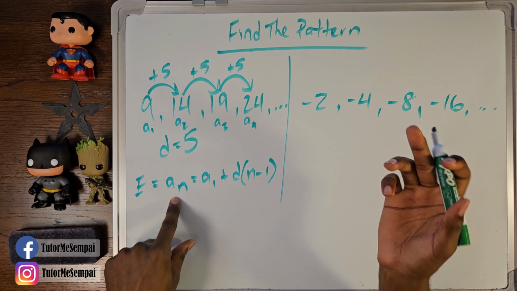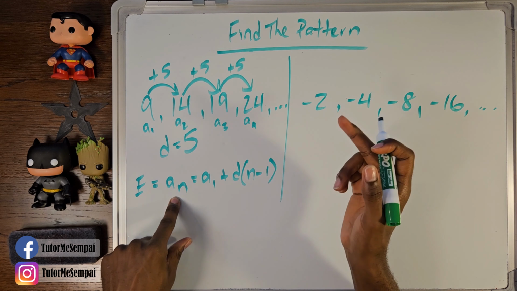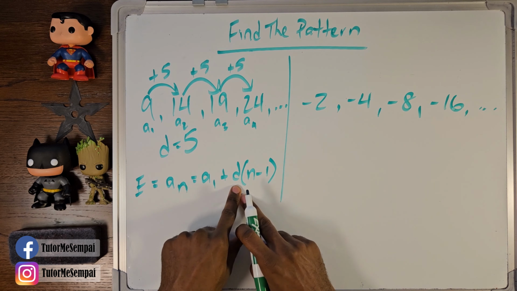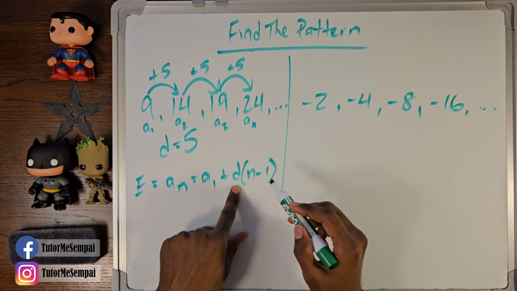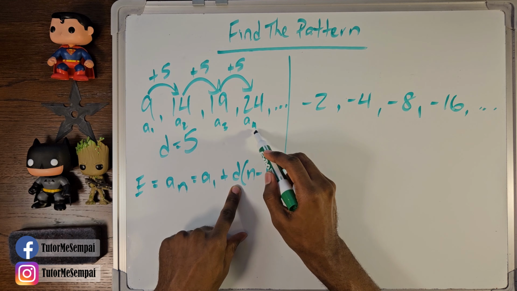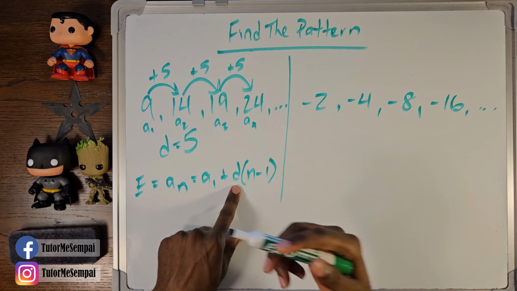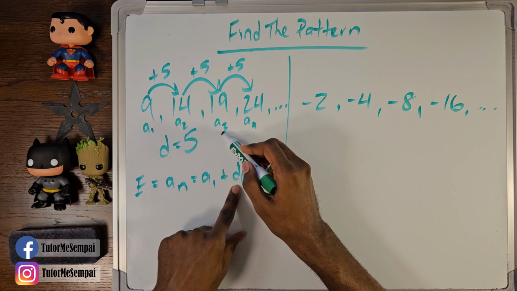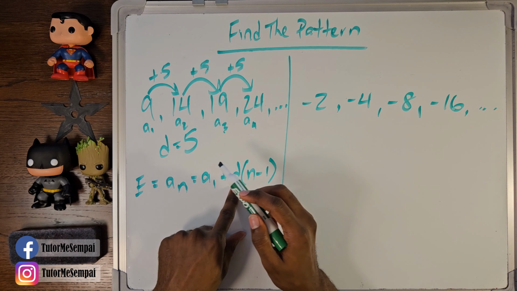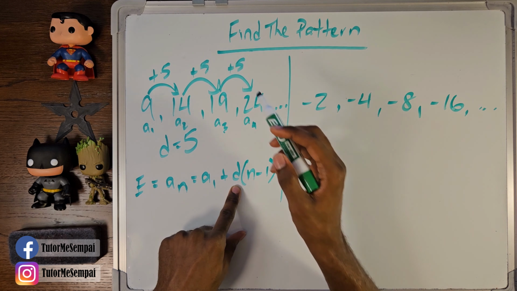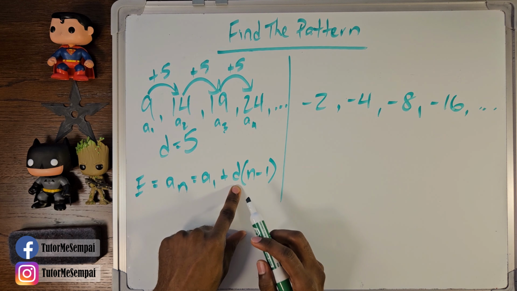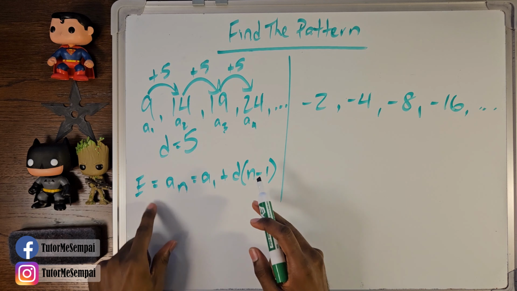To get to any particular n, or a sub n, we're going to have to add our d, our difference or distance, n minus 1 times. So if we want to get to 4, we're going to add 5 3 times. If we want to get to 3, we're going to add 5 2 times. So you see it's always going to be adding the d one less than the number that we're looking for. That's how we developed our explicit formula.